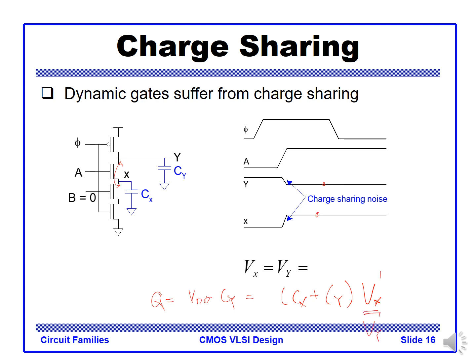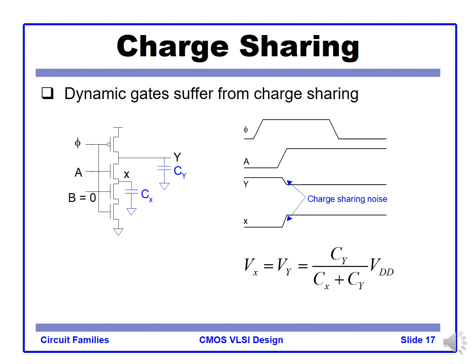So that will give us the voltage Cy over Cx plus Cy times VDD. That's going to be the final voltage we are seeing here. So we need Cx smaller. We have found the equation.